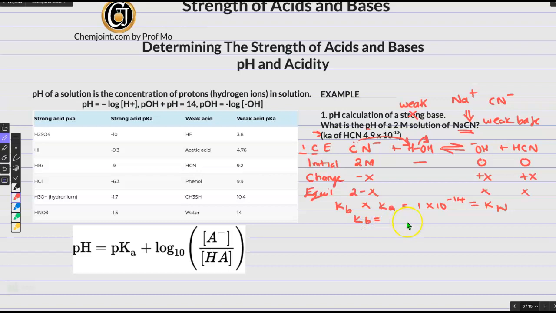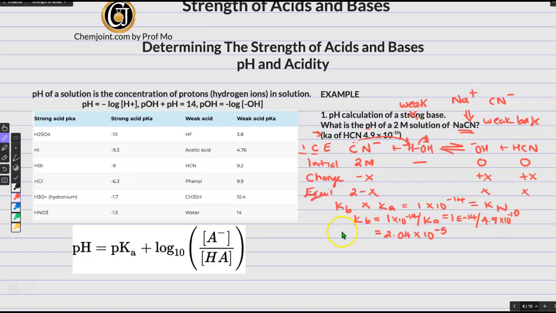Kb will be equal to 1 times 10 to the power minus 14 divided by Ka value, which is given in the problem, 4.9 times 10 to the power 10. You'll find Kb to be 2.04 times 10 to the power negative 5.